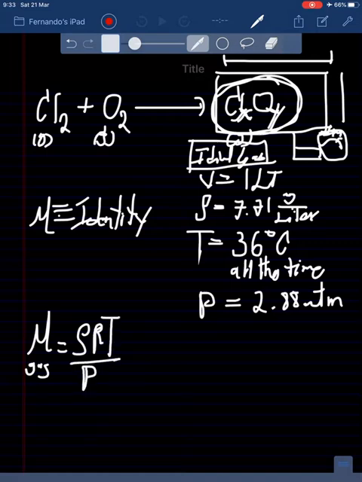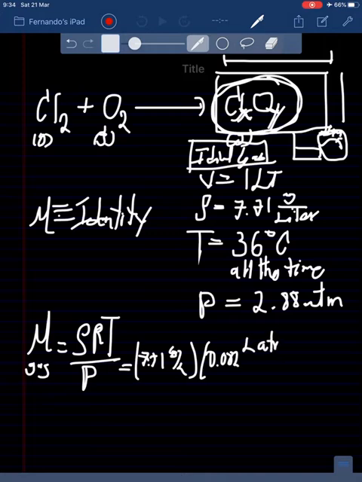Do I have everything? Actually, I do. So let's type all the numbers that we have. We have 7.71 grams over liter, times the constant, which is 0.082 liters atmospheres over mole Kelvin.